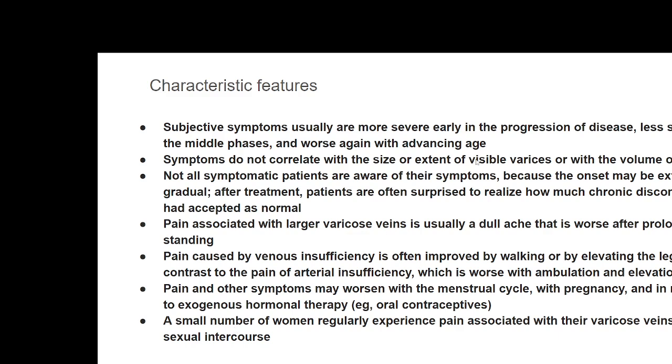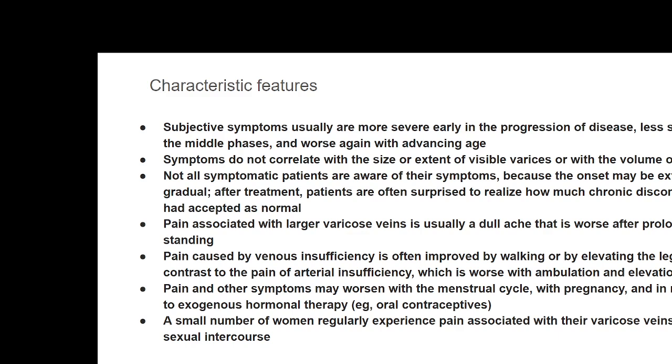Now, characteristic features of these varicosities are vague symptoms like cramps and pain, which usually occur in advanced, old ages. In younger age, the symptoms may not be very conspicuous, or mild, and as the condition progresses and the age increases, it just goes on increasing.